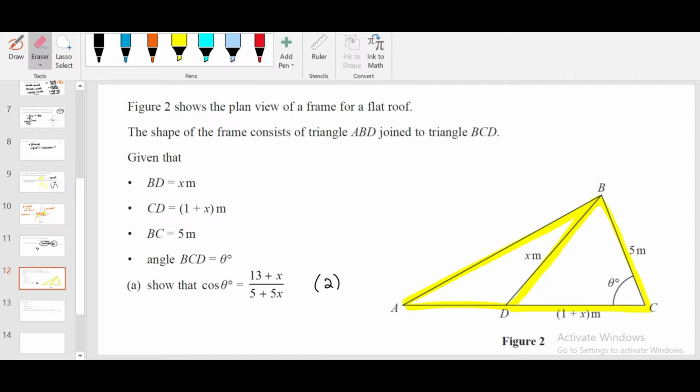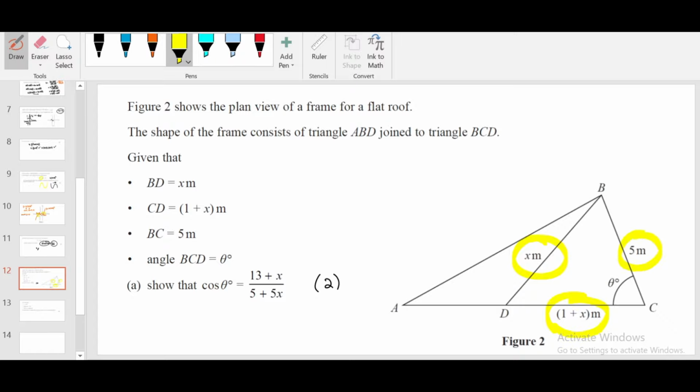Okay, given that BC is x, BD is x, okay, CD is 1 plus x, and then BC is 5, angle BCD is theta. They want you to prove that cos theta is this. It's a 2-mark question. Just apply the cosine rule in this triangle.